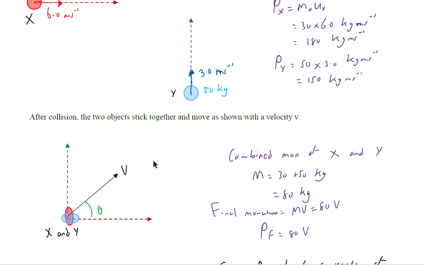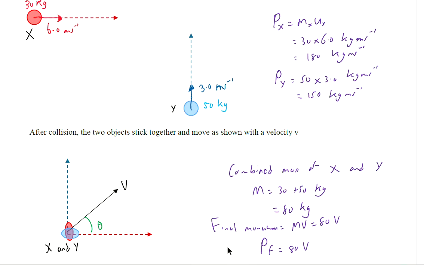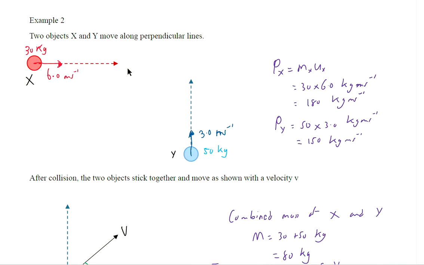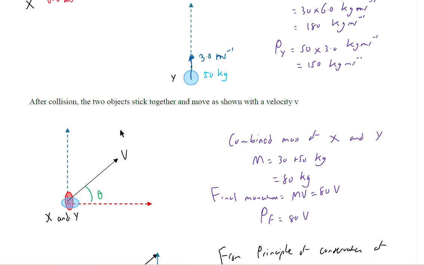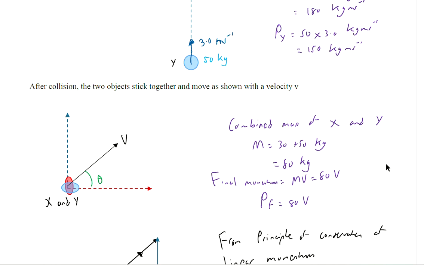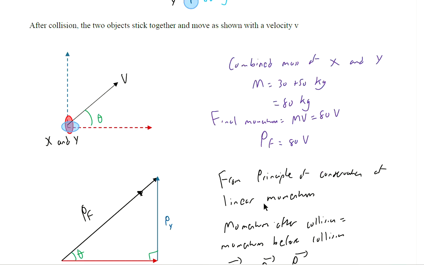So I have a common velocity v, and this velocity makes an angle theta with the horizontal direction. That is the direction along which x was initially moving. Now the two objects are just one. I can find the combined mass, 80 kilograms. The magnitude of the final momentum is going to be equal to mv. That is 80 kilograms times v. We don't know v. We call this pf.